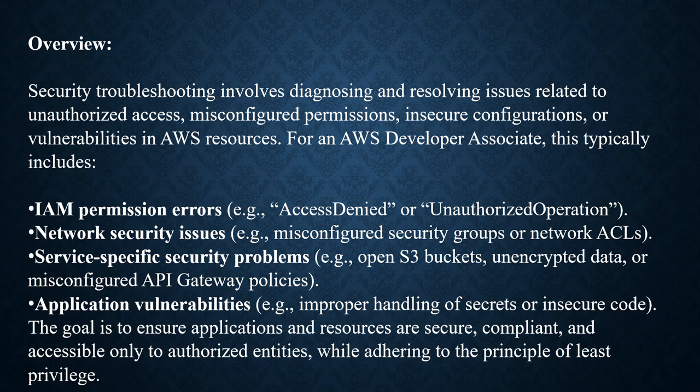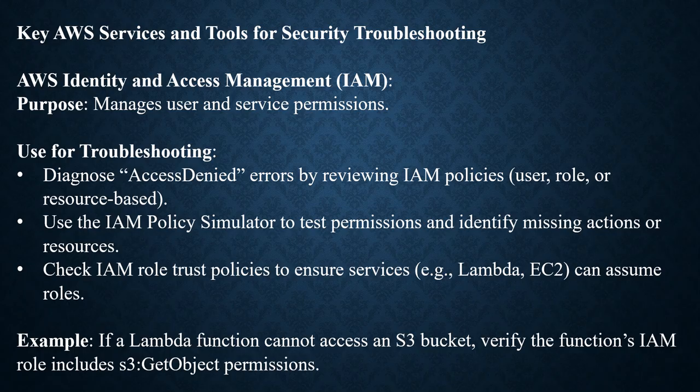If we discuss IAM permission errors, for example, access denied or unauthorized operation. With Amazon Cognito, which handles user authentication and authorization, debug issues like invalid tokens or failed sign-ins. Now, the key AWS services and tools for security troubleshooting.